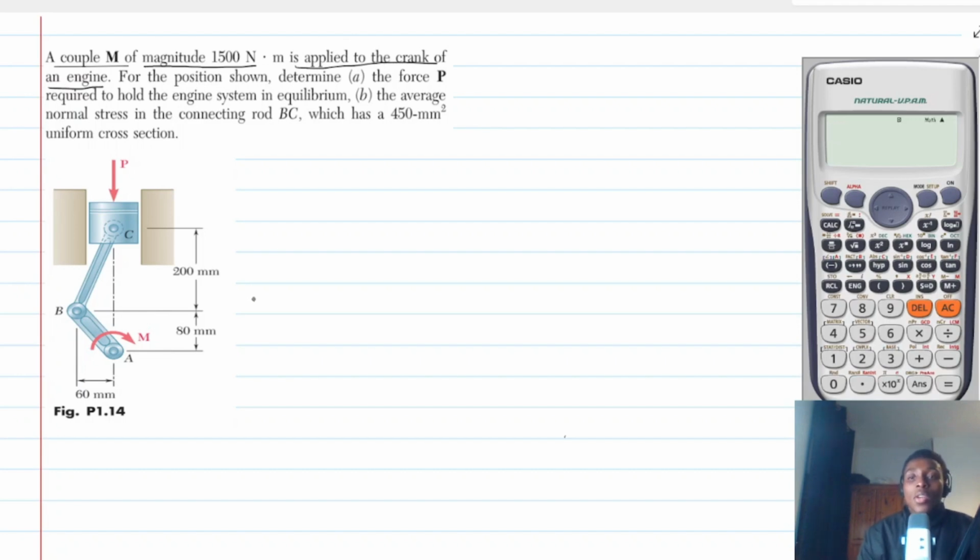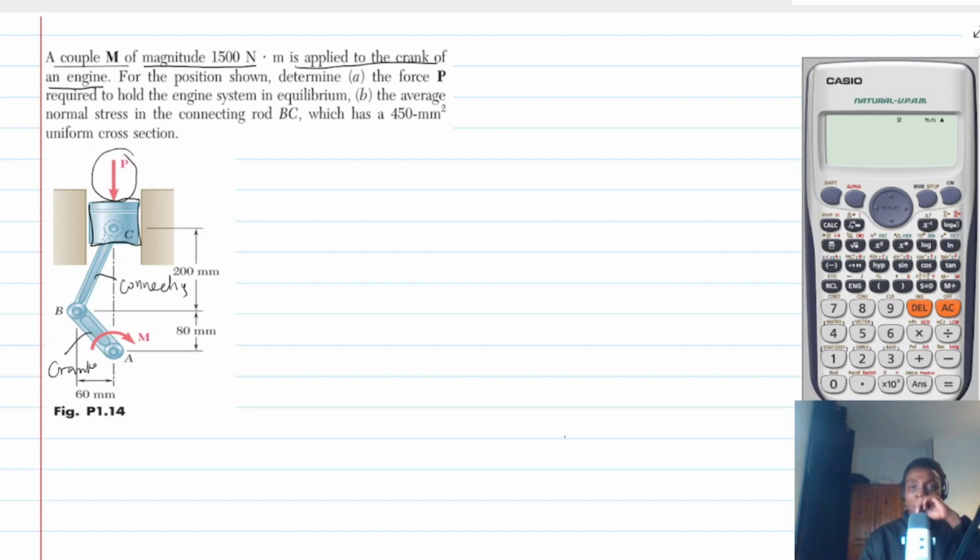Okay, so if you don't know an engine, this is actually what we call the piston cylinder arrangement. So what happens is that there is this sort of force which is applied to the cylinder. This is called the connecting rod, and then this is called the crank.